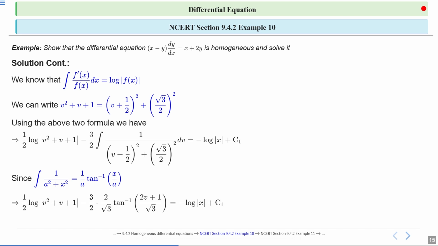We get 1 by 2 log mod (v square plus v plus 1) minus 3 by 2 into 2 by root 3 tan inverse (2v plus 1) by root 3 is equal to minus log mod x plus c1. Here the value of a is root 3 by 2.